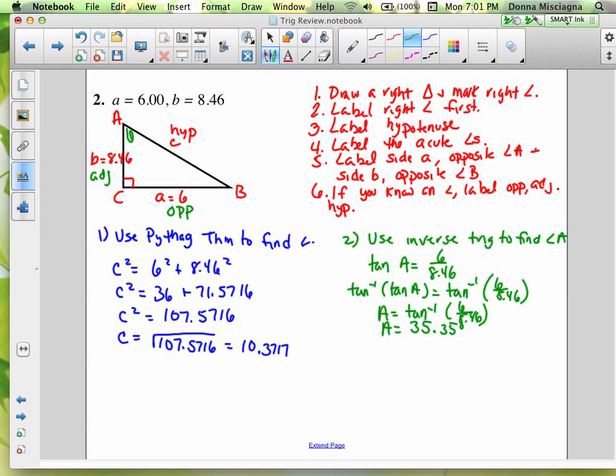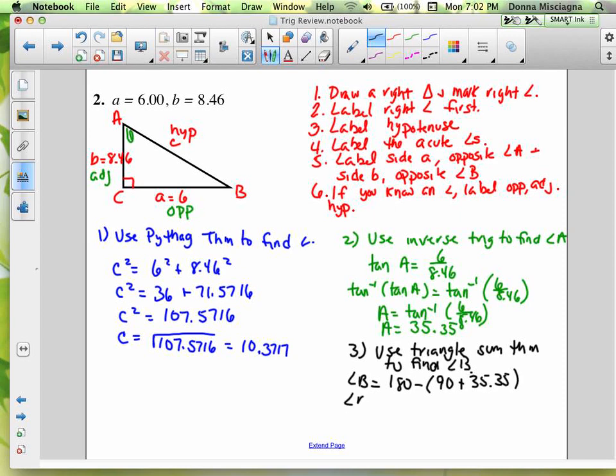Now at this point, you can either use a trig ratio again, or you can use the triangle sum theorem. Since we did several examples where we did both angles with the inverse trig ratio, and it would just be tangent again with opposite and adjacent switched, let's just use the triangle sum theorem to find angle B. So angle B equals 180 degrees minus 90 plus 35.35.